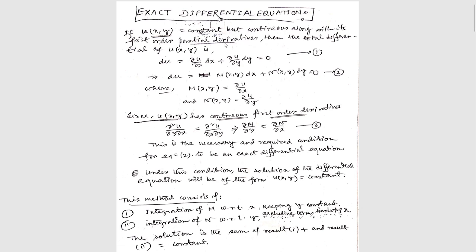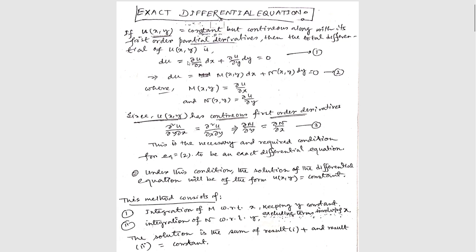Then the total derivative of u(x,y) is given by du = ∂u/∂x dx, where u changes only with respect to x, and then ∂u/∂y dy. In this case, x is constant but u changes with respect to y.